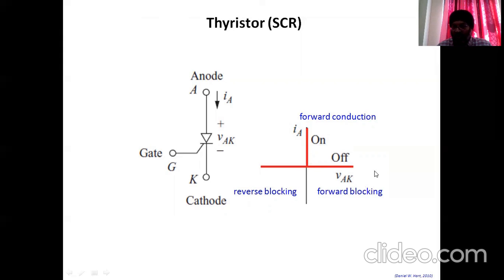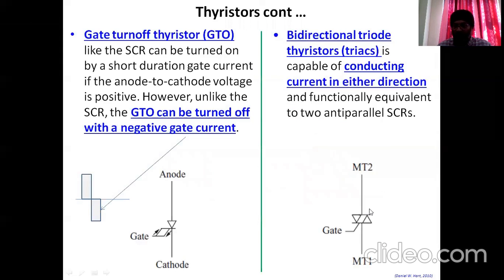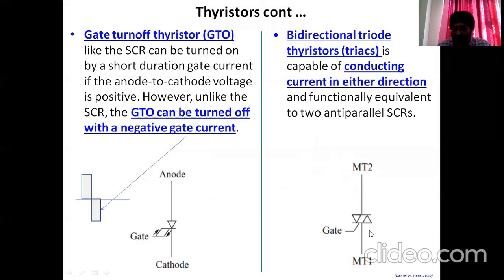They can have a forward blocking voltage and they also can sustain reverse blocking voltage. And they have a forward conduction mode and they are also turned on in reverse conduction mode. In both the directions the current can flow. They are bidirectional in nature. So the current can flow from MT2 to MT1, or MT1 to MT2.